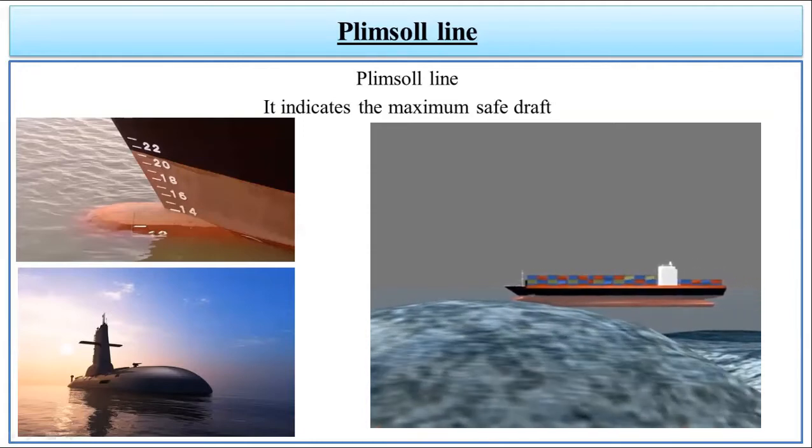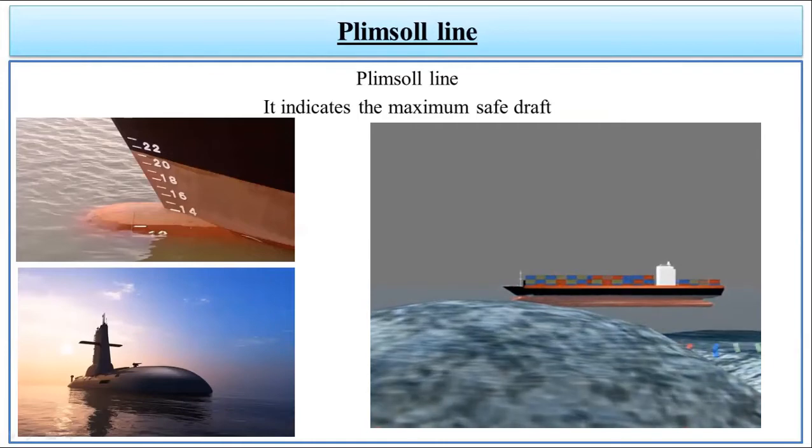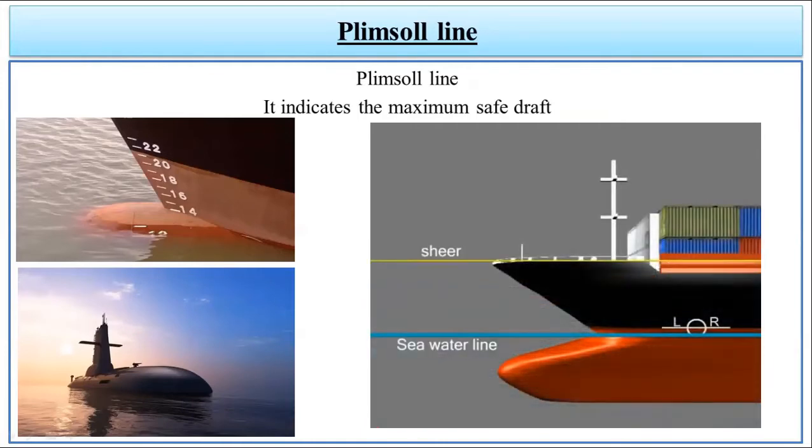So this Plimsoll line gives us an understanding of whether, with respect to the weight, the water level is in a proper place, or is very low or very high. According to that, it can change.